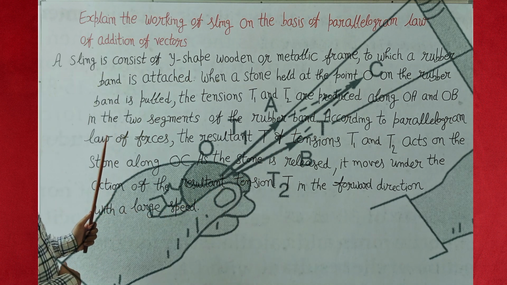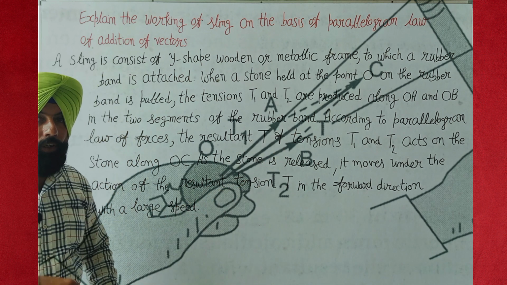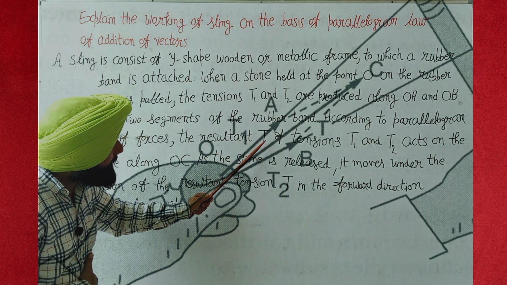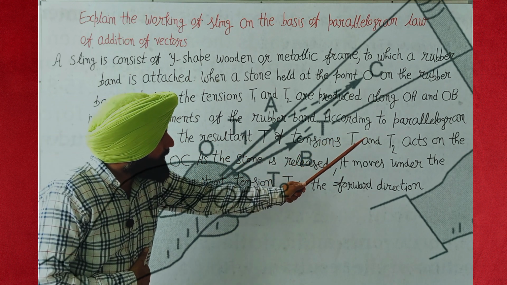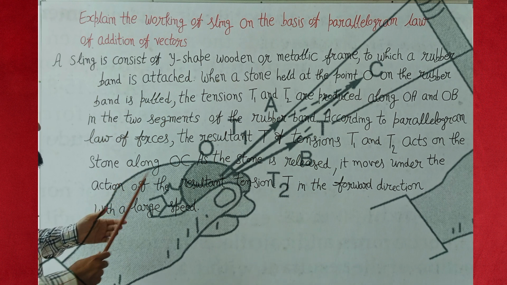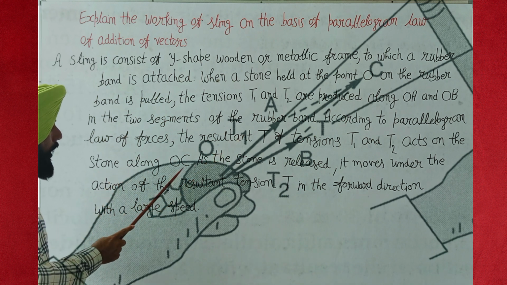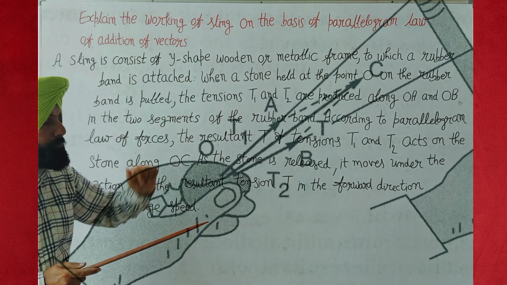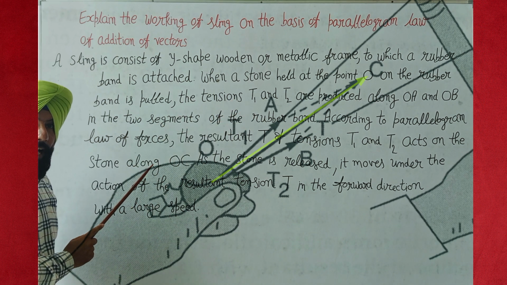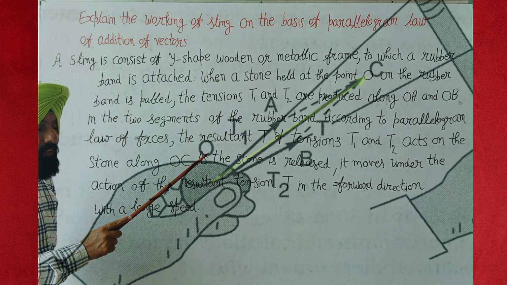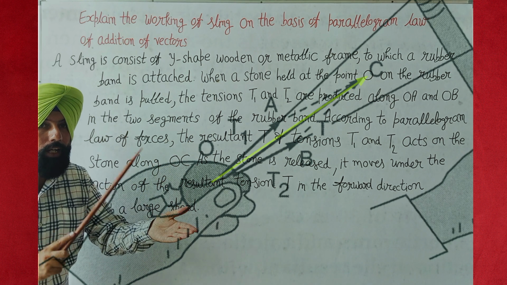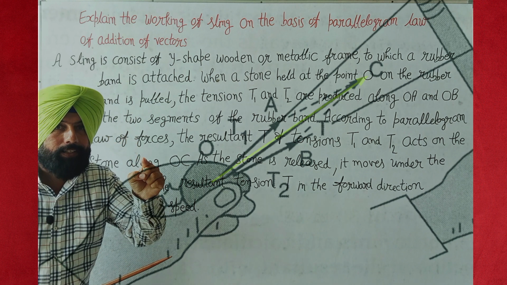According to the parallelogram law of forces, what is the direction of the resultant? The resultant T of tensions T1 and T2 acts on the stone along OC. You are looking at the diagram. The resultant of these two tensions acts along OC according to the parallelogram law of vector addition.